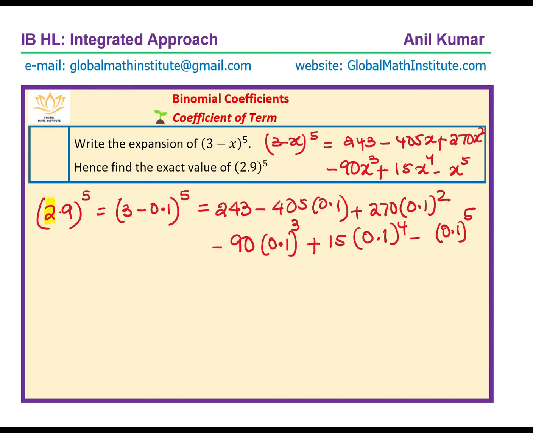Once you do that, what do you get? Well, you get 205.11149. So that's the value which you land up with, and that is 2.9 to the power of 5 when you take all the values. So I hope you understood the process. First expand and then substitute the value of x, get your result.